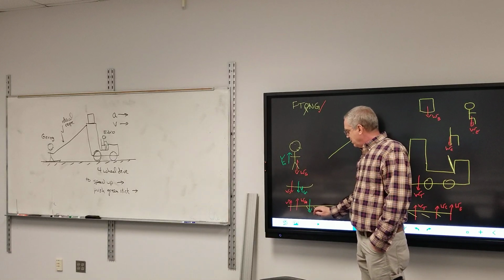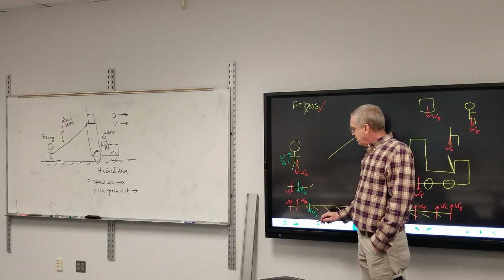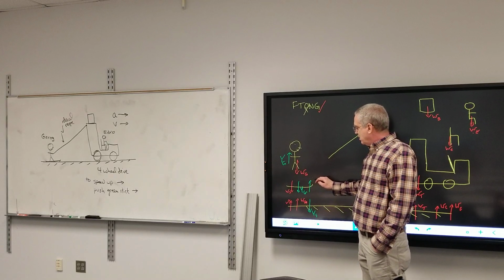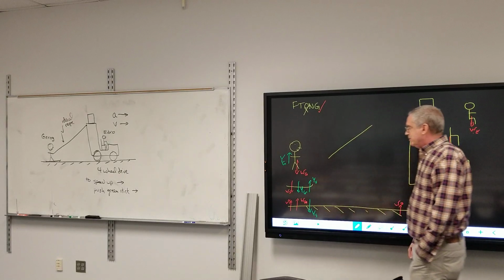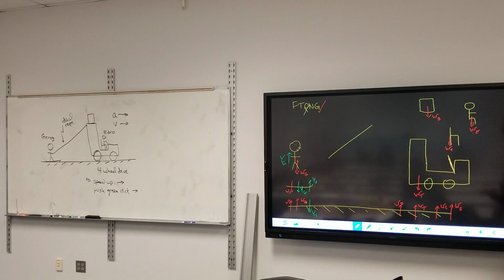Yeah, and the ground pushing up on the sled? Yep. We got 1, 2, 3, 4 more pairs.